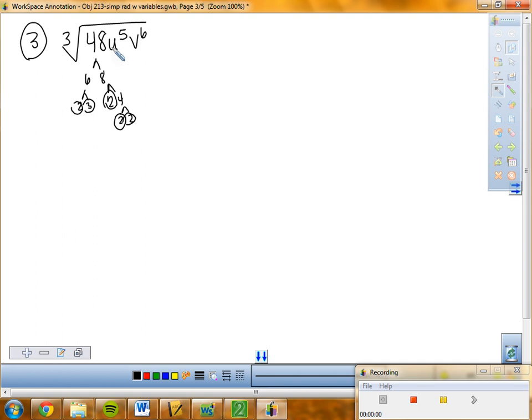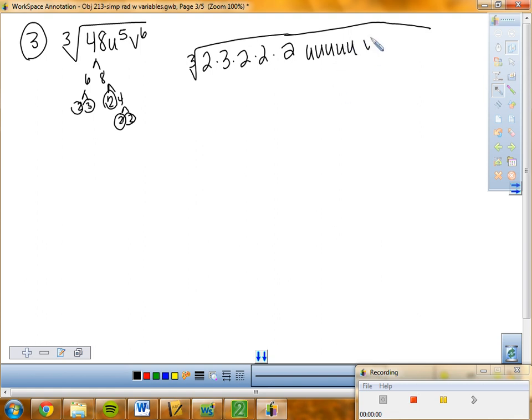Here I want to expand 5 u's. So if I rewrite the third root of 2 times 3 times 2 times 2 times 2, and I want 1, 2, 3, 4, 5 u's, and 1, 2, 3, 4, 5, 6 v's.